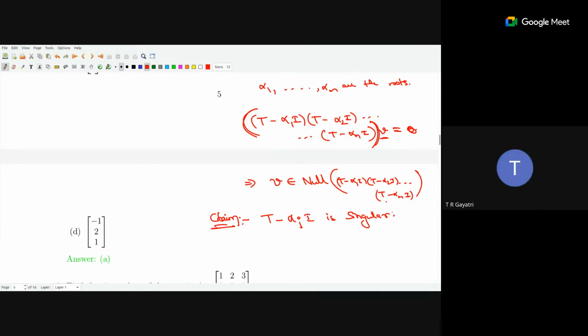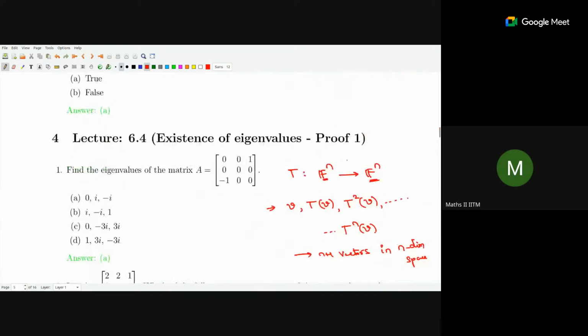Why it should be singular: if it is not singular, what happens is the whole null space, this is not singular, this is not singular, everything is not singular. Null of a non-singular transformation is 0. Null of T will be 0 if and only if T is invertible, or T is not singular. So here what we know is v is non-zero. That's our assumption. We took a non-zero vector v.